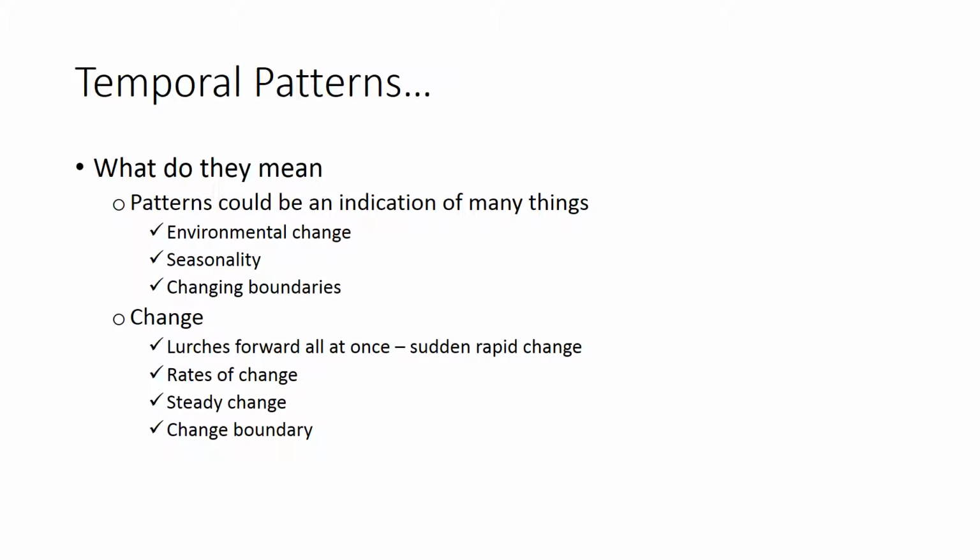What does it mean? Patterns, like I said before, can be an indication of many things. And temporal patterns often can be an issue of an environmental change. You could be looking at something as simple as seasons. We could be looking at changing boundaries.